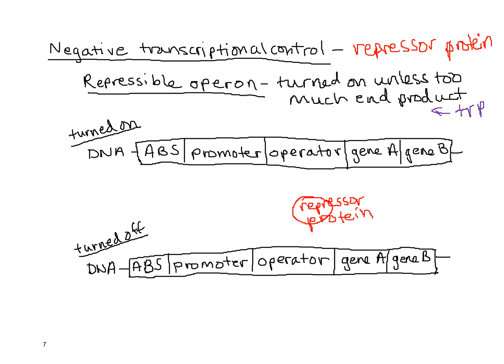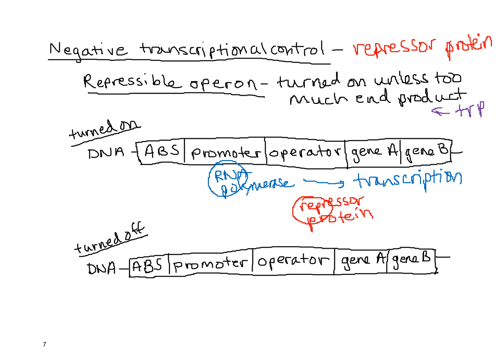And if a repressor protein is off of the operator, that means that our RNA polymerase can bind to the promoter. And we can go ahead and do transcription. So that would be the Trp operon turned on.